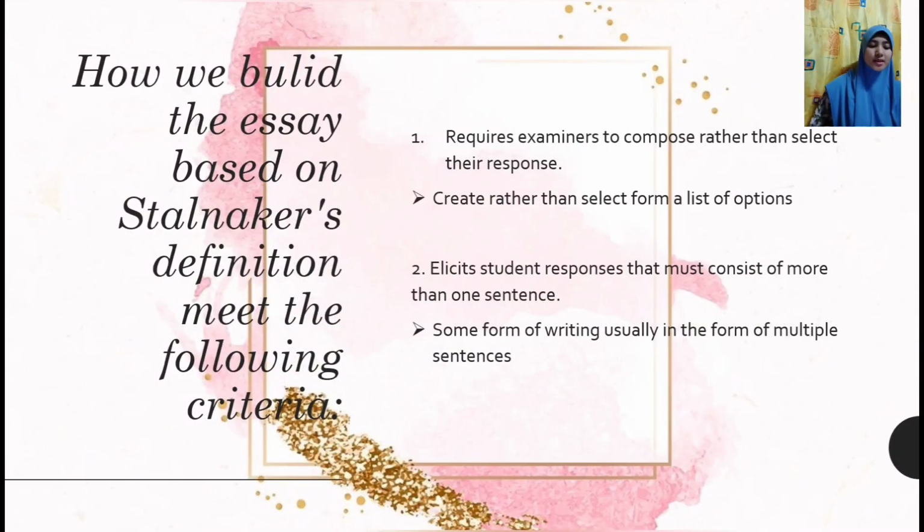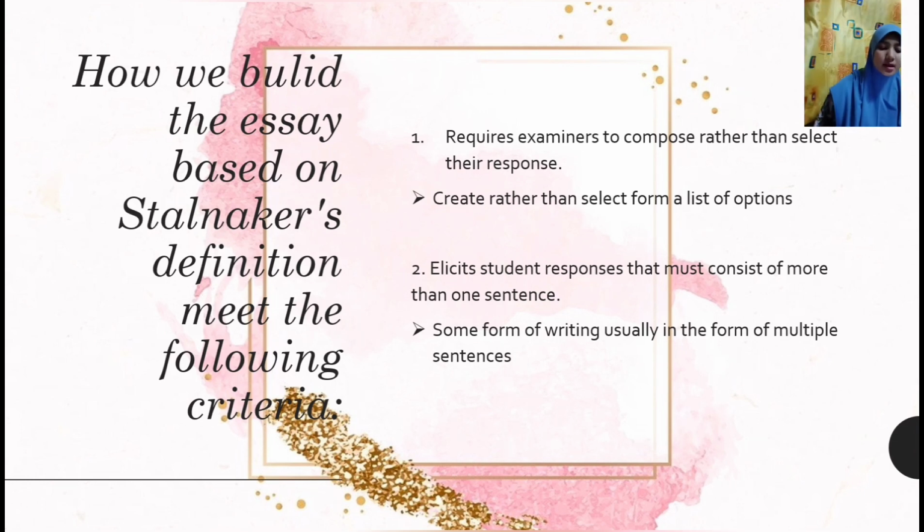Next, how we build the essay based on Stalnaker's definition to meet the following criteria. There are 5 criteria, but I will explain 2 only, and the others will be explained by my friends.